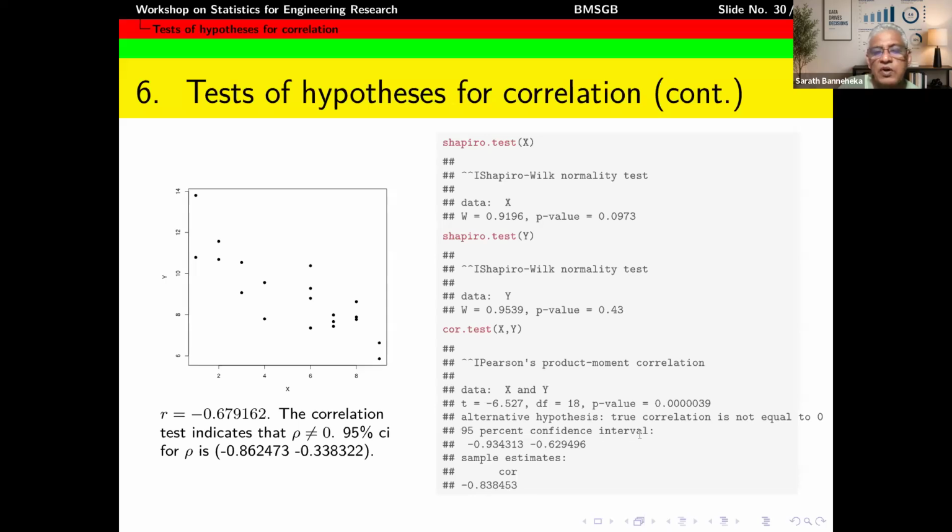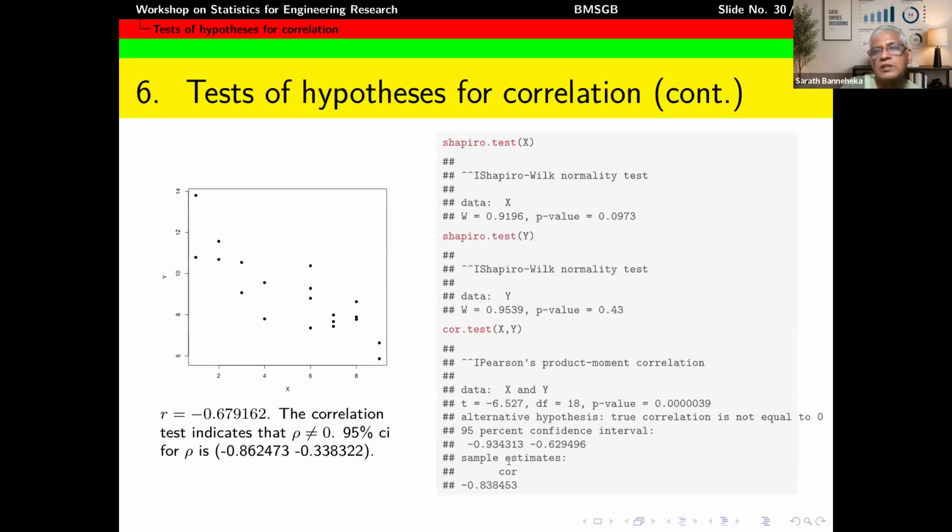This is the 95% confidence interval for the population correlation coefficient rho, and it is between negative 0.93 and negative 0.62. So we can say that there is a negative linear relationship in the population.